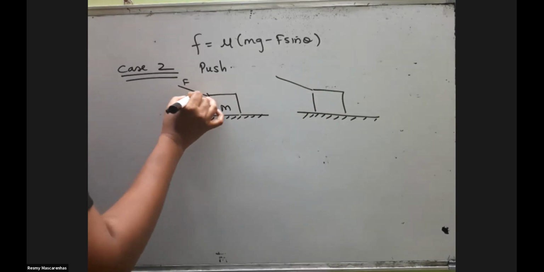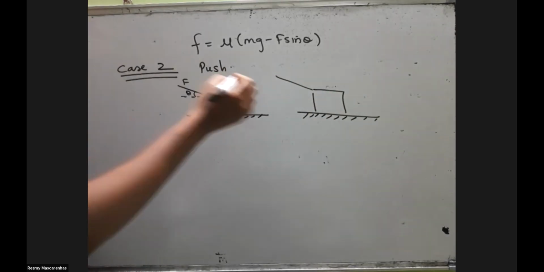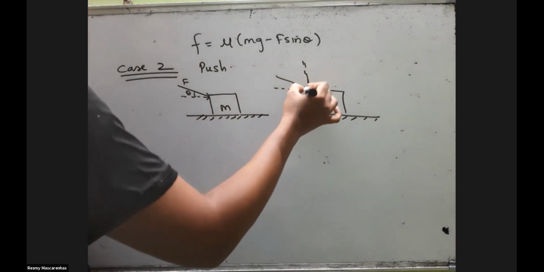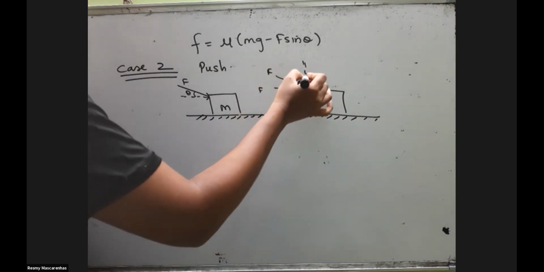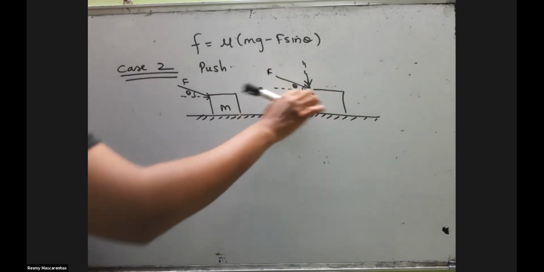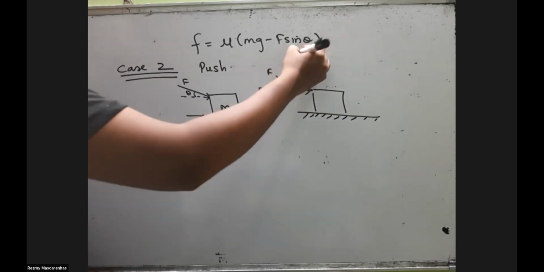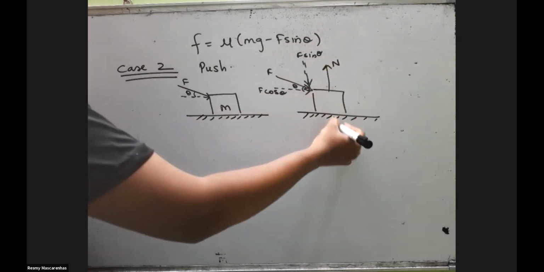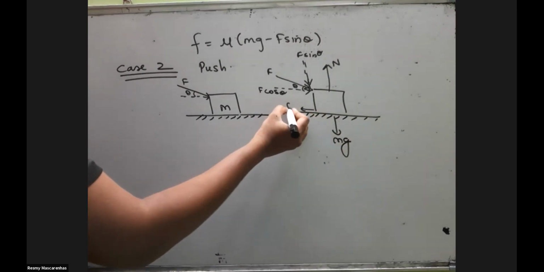This will be at an angle theta. So obviously we will have two components. This will be F. All directions will be this side, coming towards him. This will be F cos theta. This would be F sin theta. The normal force, that is N. And this will be your m. And your frictional force will be this.